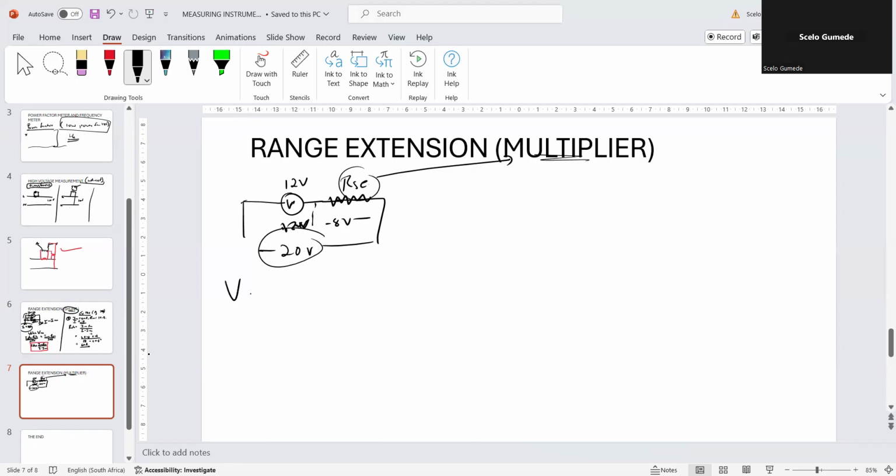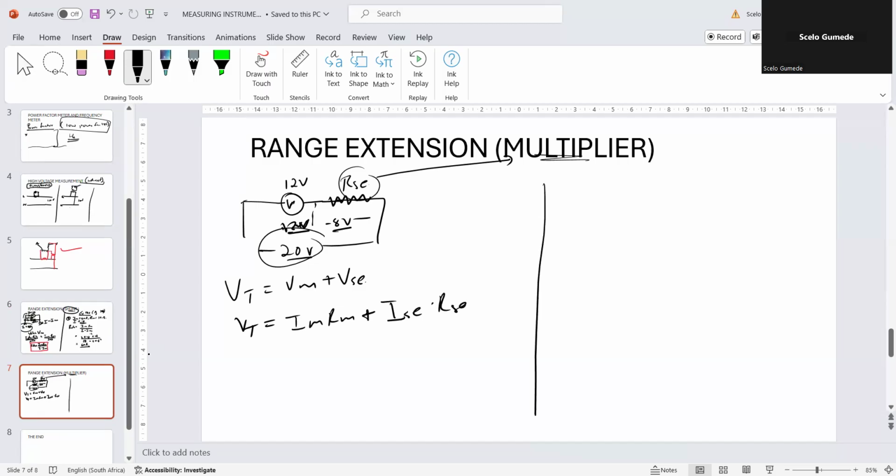So we know that VT is equal to the voltage in the meter plus the voltage in series. That's why we said 20 is our VT, which is equal to 12 plus 8. So this is what the statement says, but these numbers I just put there. So VT is equal to VM, which is IM RM, plus what? VSE is going to be I series times R series.